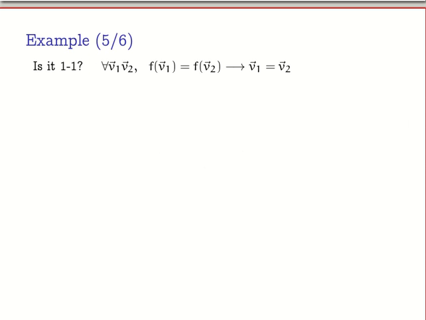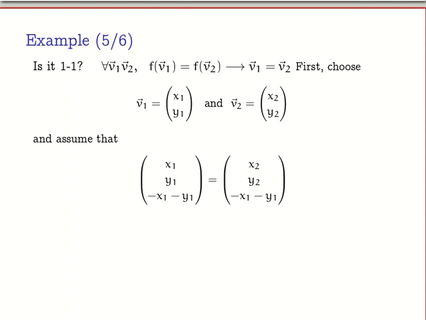Now let's consider, is it one-to-one? Let's choose two arbitrary vectors, v1 and v2, with components (x1, y1) and (x2, y2). We're going to assume the premise that the images of v1 and v2 are equal, and we want to show that v1 and v2 are equal on that basis.